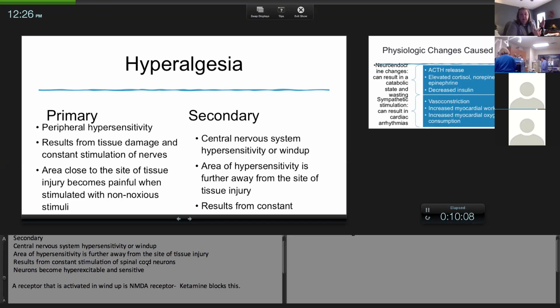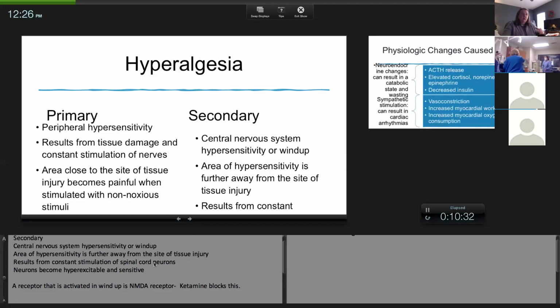You're far away from the site of injury, but because those nerves have been firing and the dog has been feeling pain, sometimes they become overall hyper, or secondary hyperalgesia. And so they are hyperexcitable. So a very non-noxious stimulus of just touching the dog, they may react to it because they're in this hyper state.